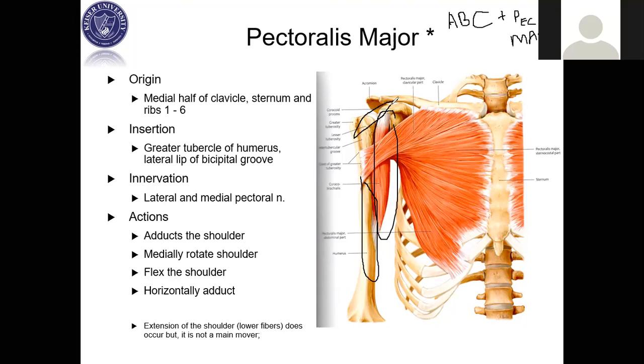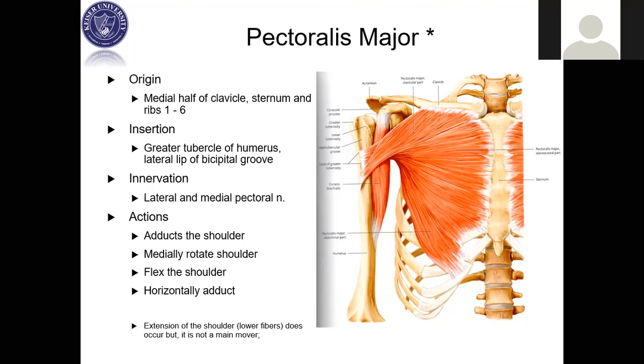All right. So again, pectoralis major has four important movements. It flexes the shoulder. It adducts the shoulder. It internally or medially rotates the shoulder. And it horizontally adducts the shoulder.